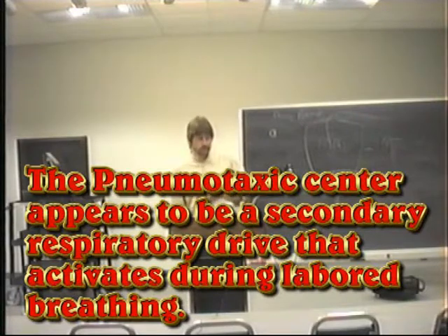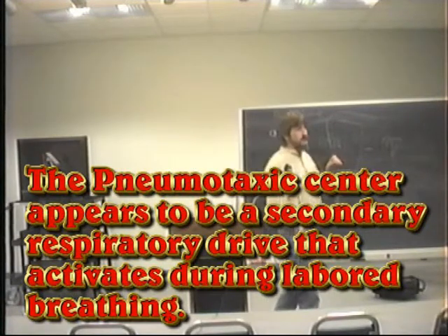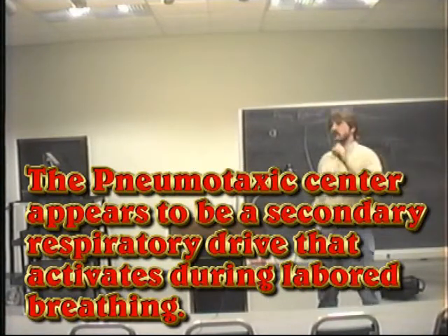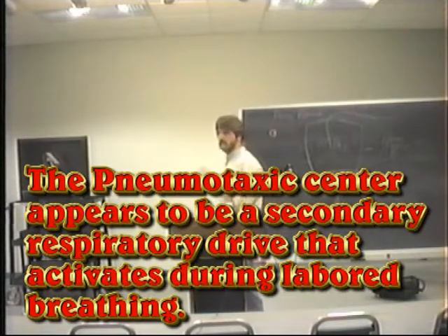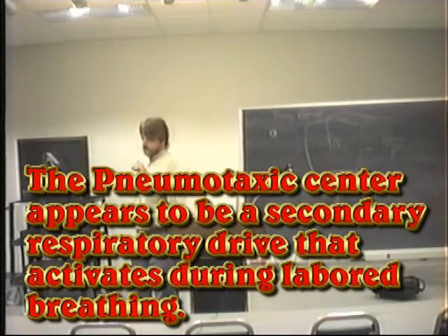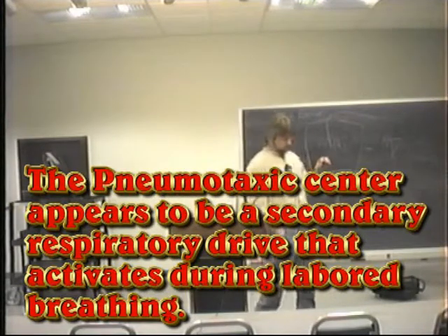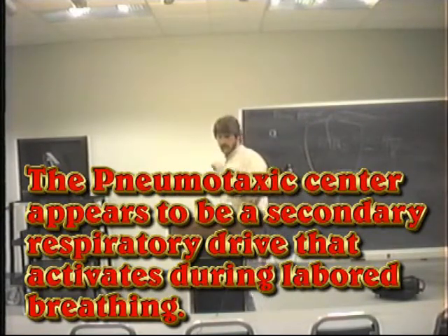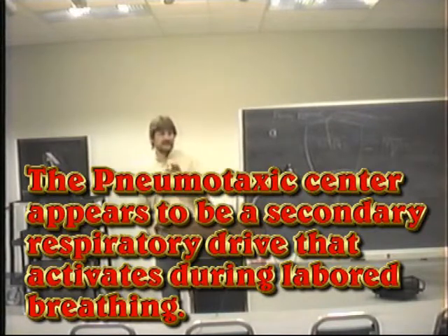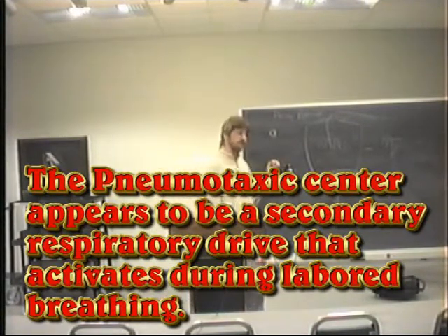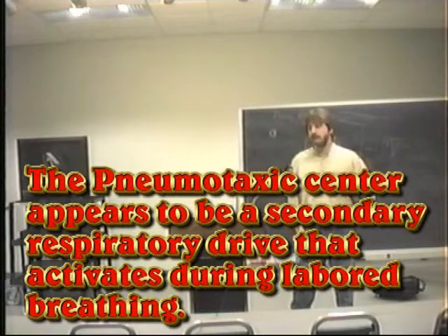As far as we know, it only comes into operation during labored breathing. The pneumotaxic center has an inhibitory force. It inhibits the inspiration center from sending out that impulse for the diaphragm to contract.